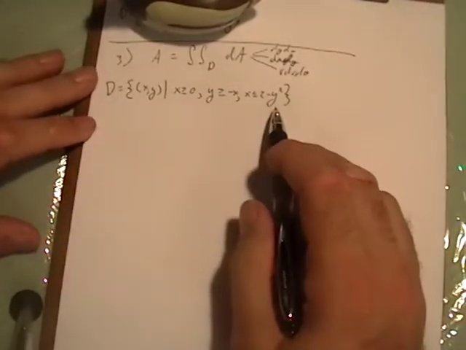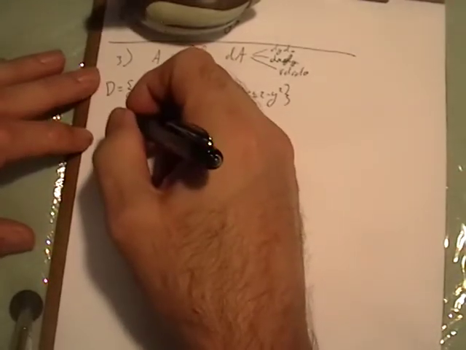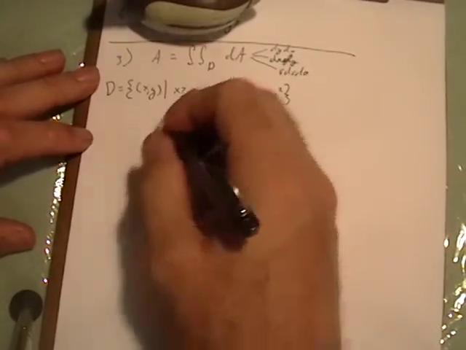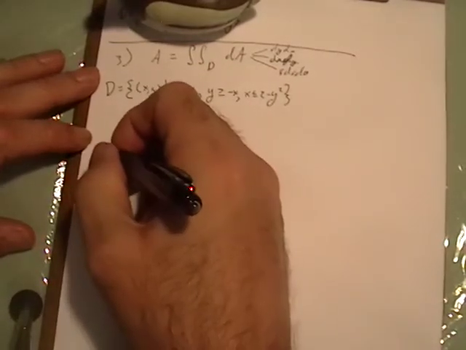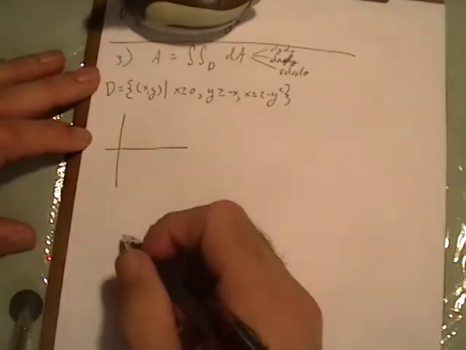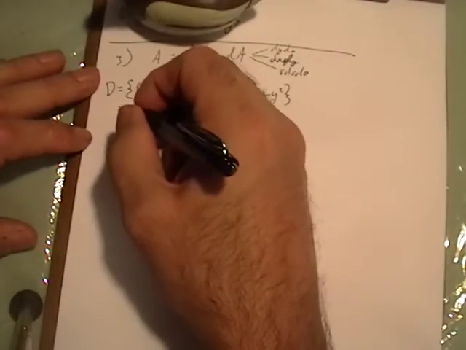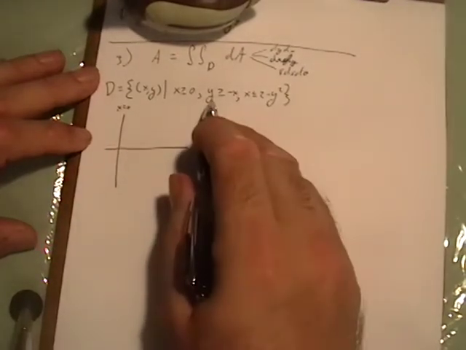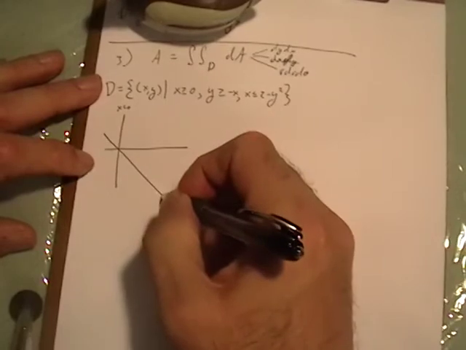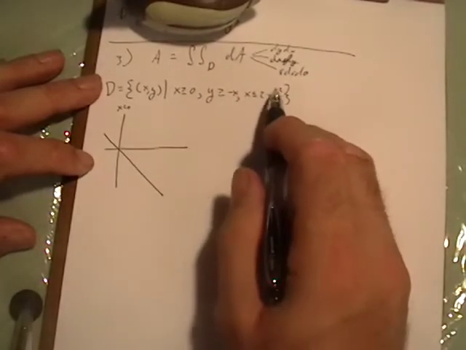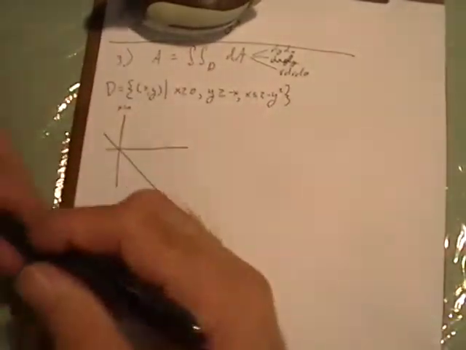If you're just given a description like this, you're best off drawing a picture. Let's see, x greater than or equal to 0, so I think I'm going to emphasize quadrants 1 and 4. And let's mark x equals 0. Y equals negative x would be a diagonal line like this. X equals 2 minus y squared should be a parabola cupped this way.